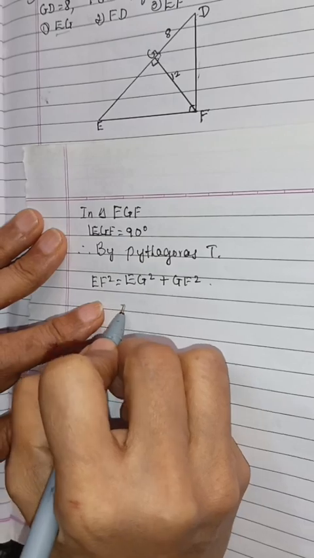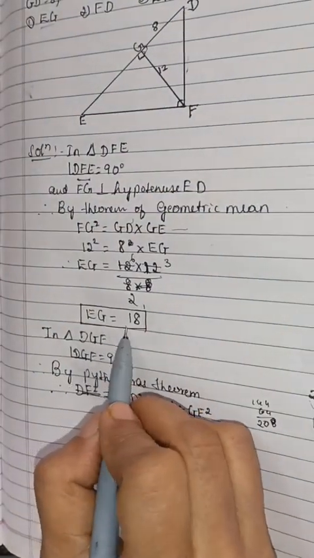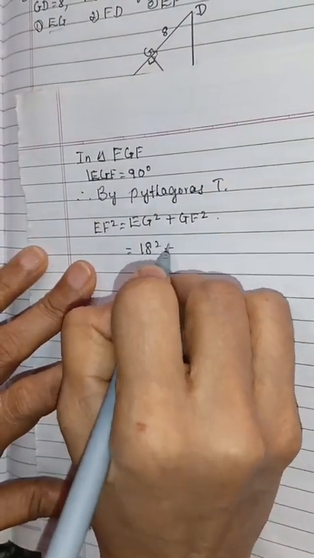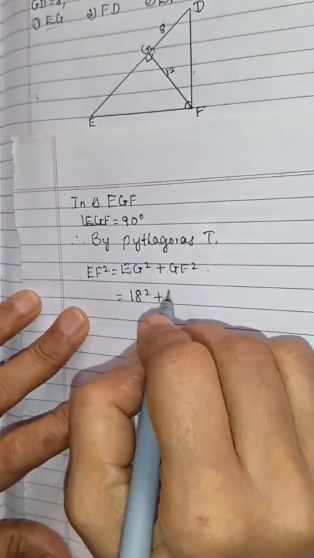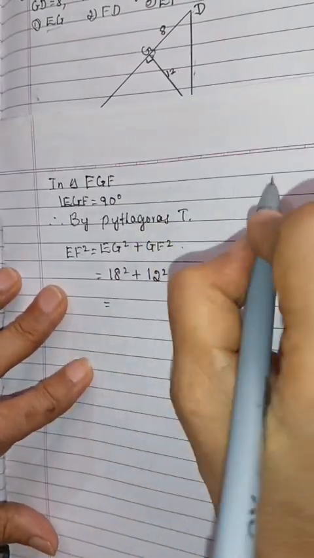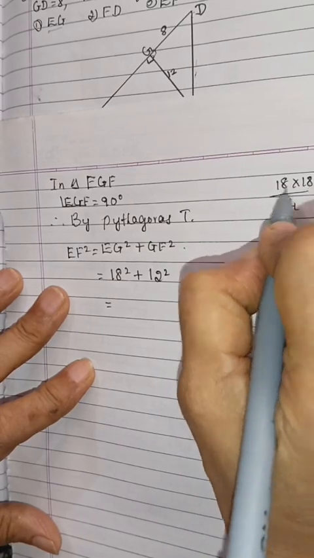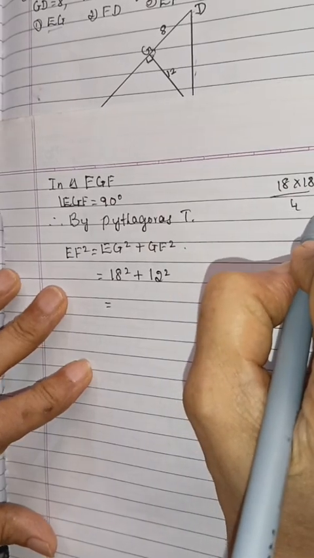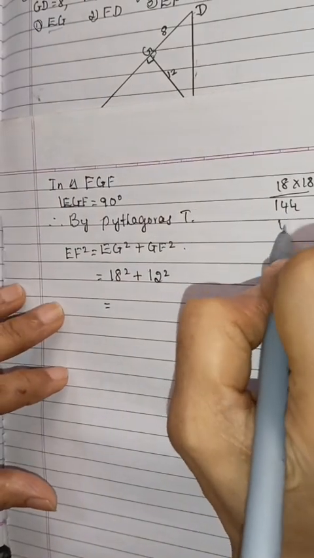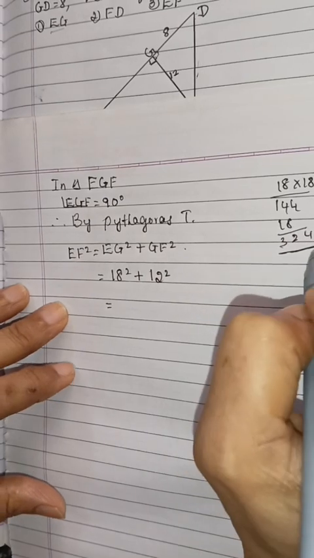Therefore EG is 18, so 18 square plus GF square is 12 square. 18 multiplied by 18 is 324.